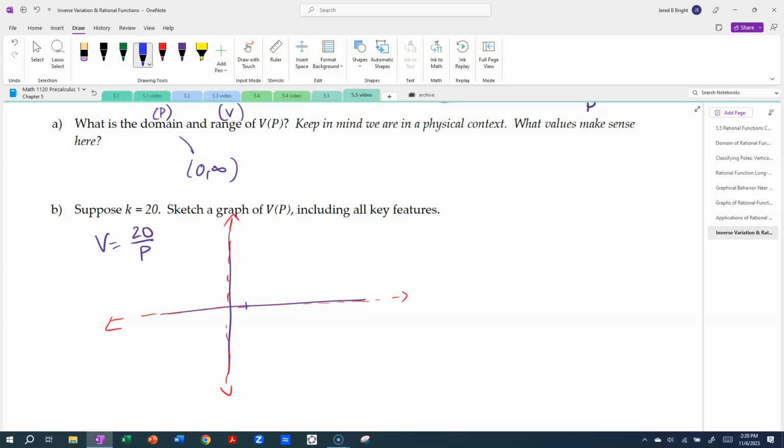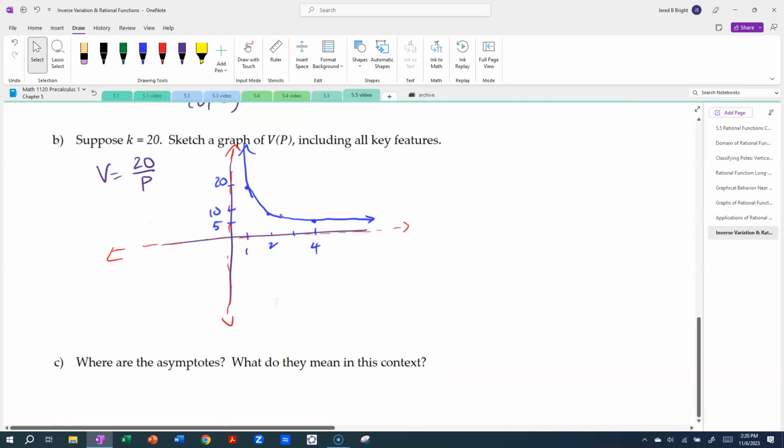If I put in 1, I get 20, positive. If I put in 2, I get 10. If I put in 4, I get 5. So something like that, and I get this sort of behavior going on. Very quick sketch, and you can fill in more details.